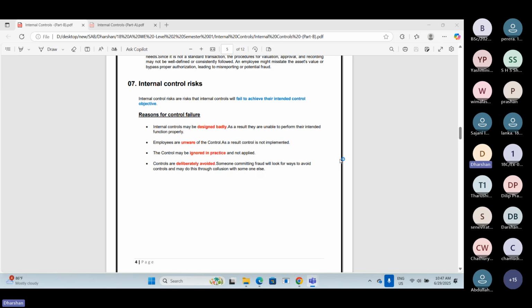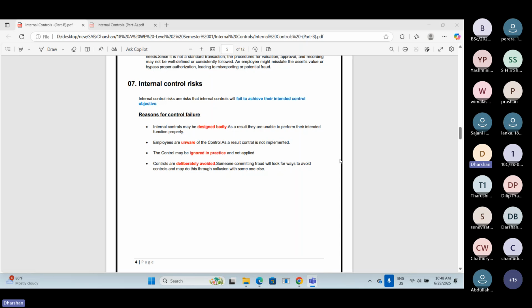Just on paper, just for formalities, they keep these internal controls, but no one is following. So that is also a problem. That is also a risk. If you don't follow, what will happen? You can't achieve the objective of internal control. On paper, you have written all the controls and strong controls. If anyone reads your internal control paper, they will assume, oh, this company has perfect internal control.